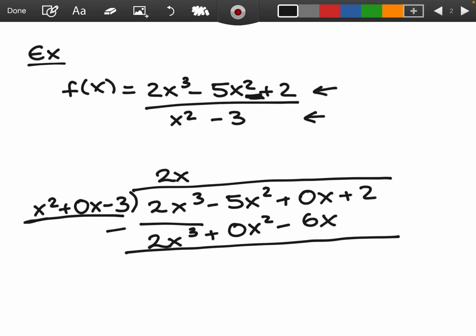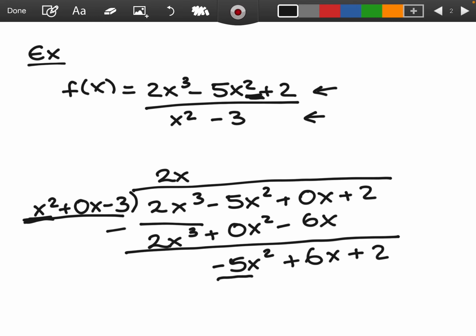I then do a subtraction, so I get no x cubed term, and I get negative 5x squared minus 0x squared, so that's still negative 5x squared. Then 0x minus negative 6x is going to give me positive 6x, and then 2 minus 0, I still end up with 2.